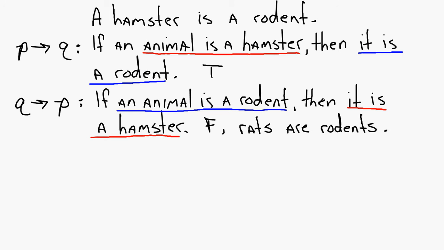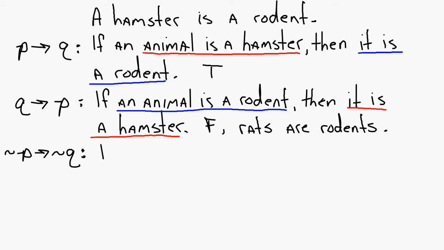Now we're going to write the inverse of the original statement. So we're going to negate the hypothesis, then we are going to negate the conclusion. And you negate a hypothesis or conclusion by inserting the word not.